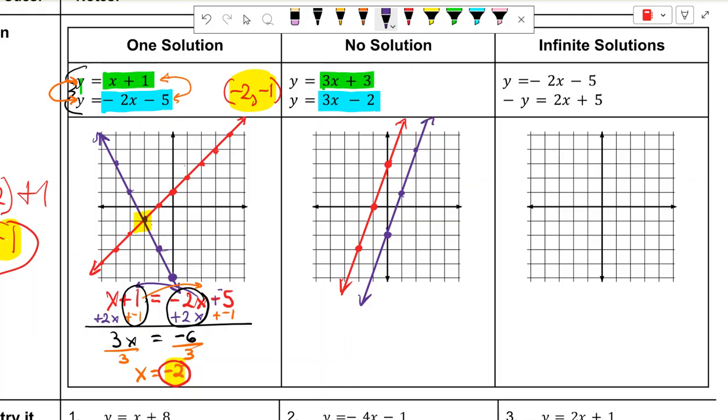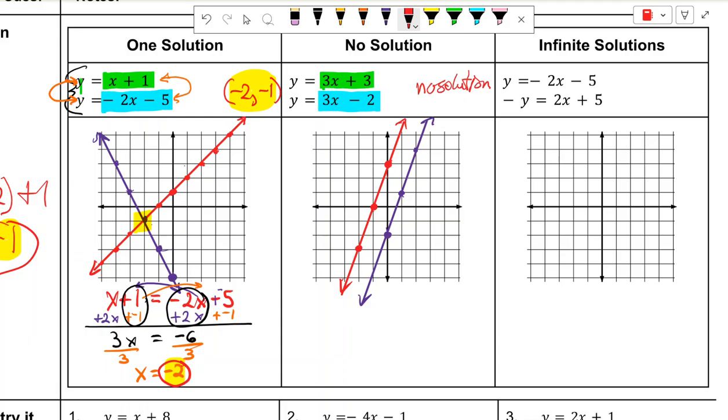You can see that these two lines are running parallel to each other, and we already knew that before we even started because the slopes are identical. Well, they absolutely have no solution. So in the Google form, you would write down no solution, no spaces, all lowercase.